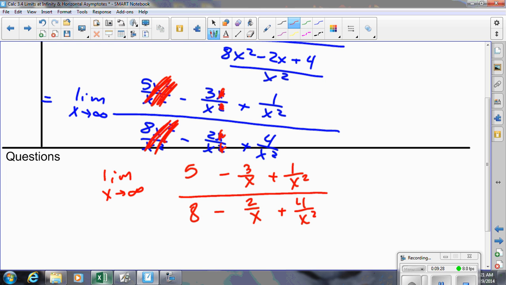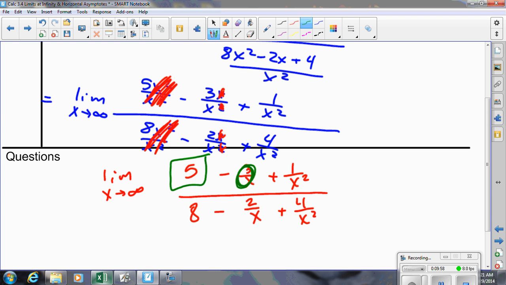What do you notice? What are each of these terms going to? What's the limit of 5 as x is approaching infinity? It's just 5. But 3 over infinity, or 3 over approaching infinity, that's 0.